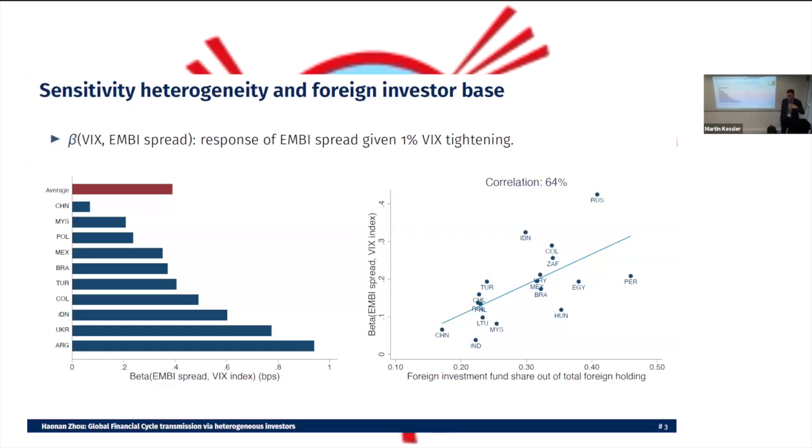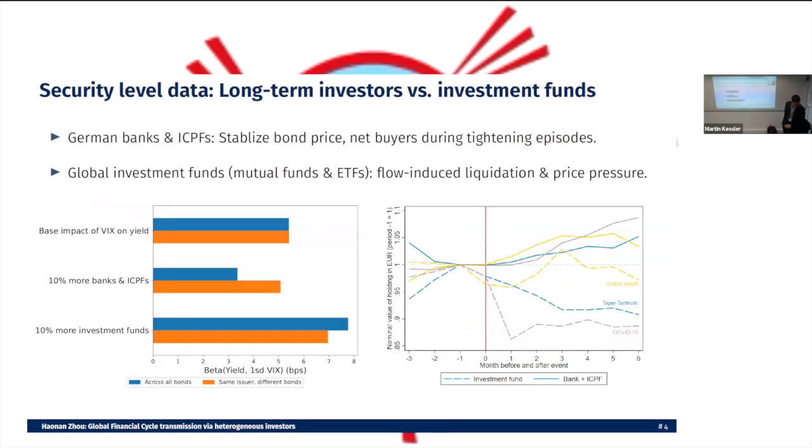So this is the hypothesis I'm trying to disentangle a little bit using security-by-security level data from Morningstar and from administrative sources like Germany's Bundesbank. Just to give you a sense of the results using charts, the overall headline result on the left-hand side is relative to the baseline.